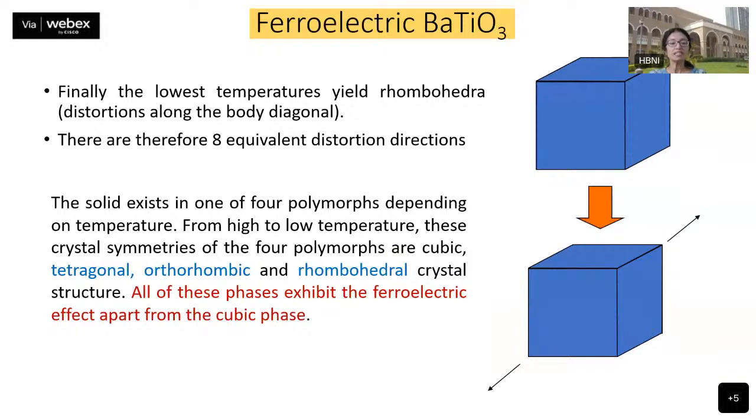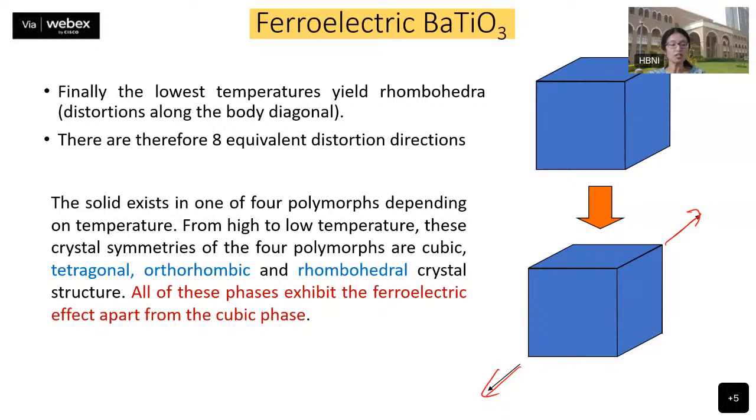The lowest temperature yields rhombohedral, which is distortions across the body diagonal. As you can see over here, this is a distortion against the body diagonal. There are therefore 8 equivalent distortion diagonals. Barium titanate exists in one of 4 polymorphs depending on temperature. From high to low temperature, the crystal symmetries of these four polymorphs are cubic, tetragonal, orthorhombic, and rhombohedral.